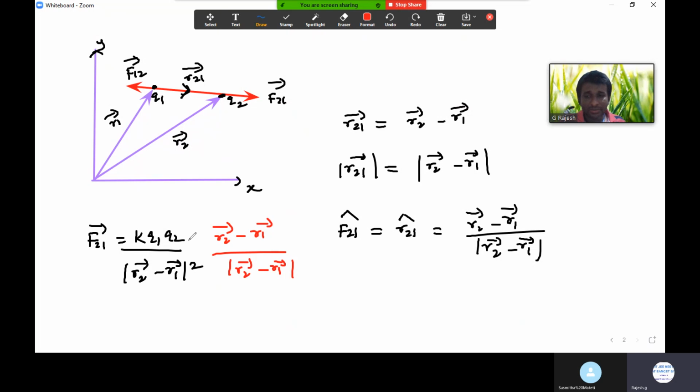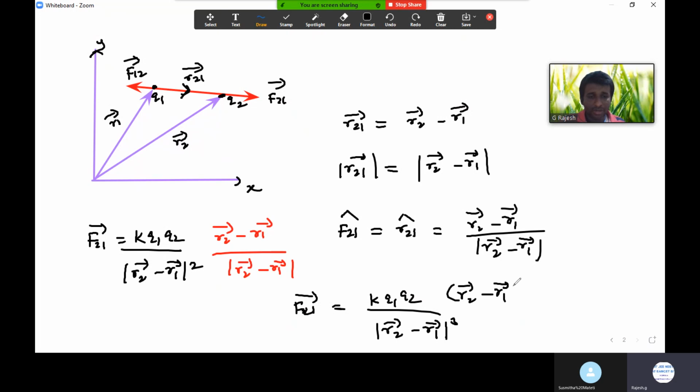Here this first part is the magnitude, and this is the direction. So overall, F21 bar is nothing but K Q1 Q2 by mod of R2 bar minus R1 bar whole cube, times R2 bar minus R1 bar. This is the force.